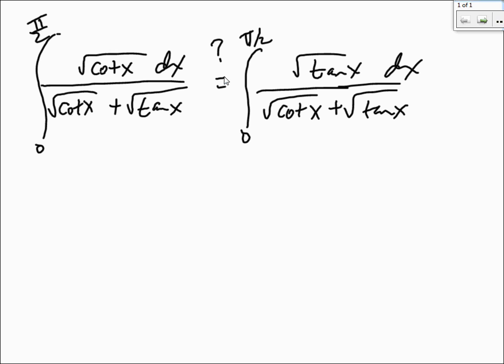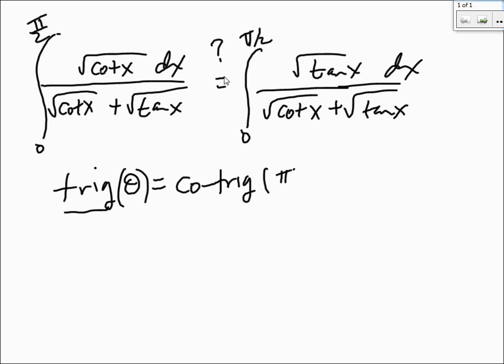So, let's see why this is going to happen and why you should see it. Again, the key thing is that any trig function of an angle is equal to the co-trig function of pi over 2 minus that angle.